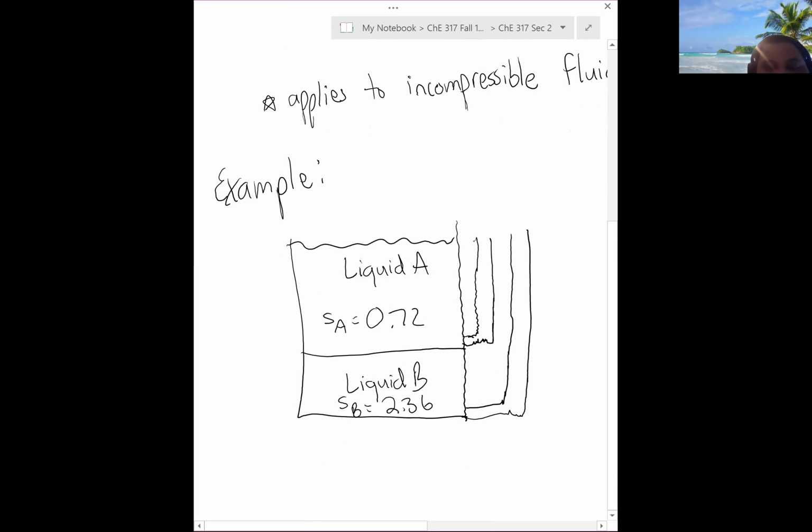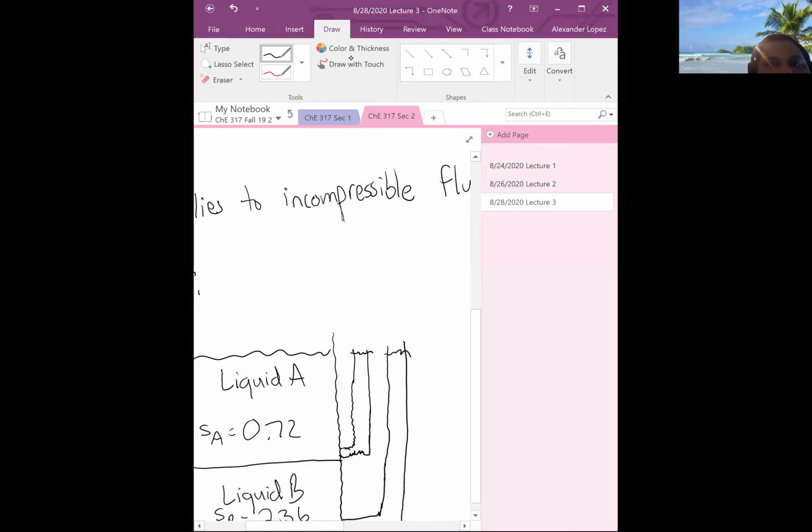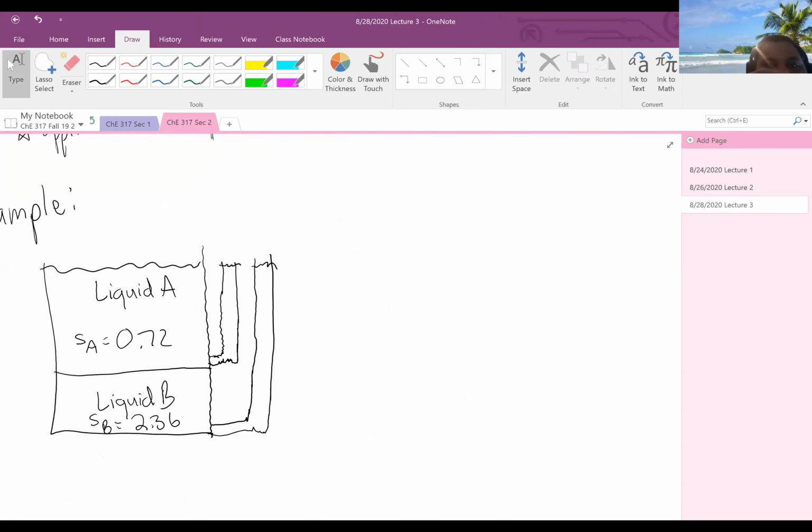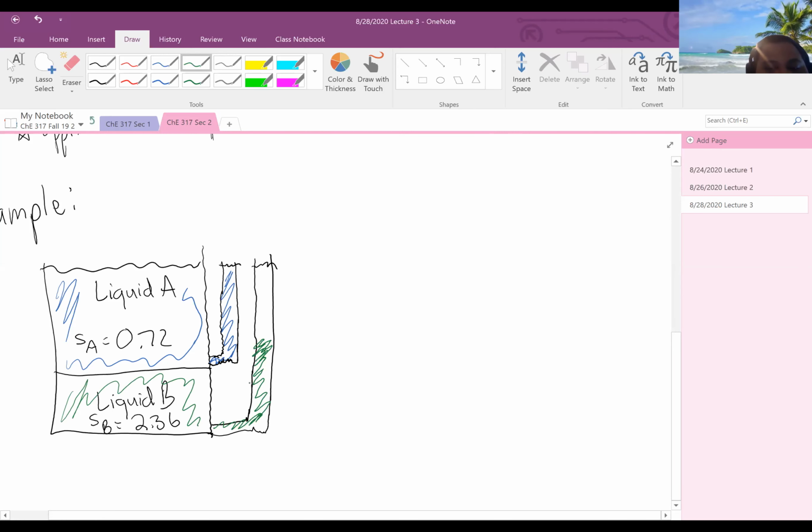And the question is, looking at these manometers, we find that, all right, I'll make A blue. The liquid in the A manometer goes to the top of the column because it's simply A, but for the B liquid, it only goes to a specific height, which is at this point unknown.